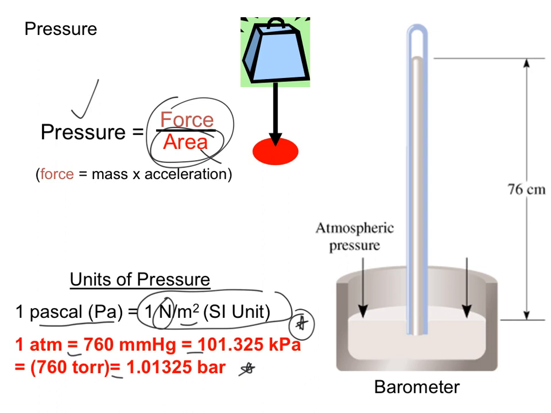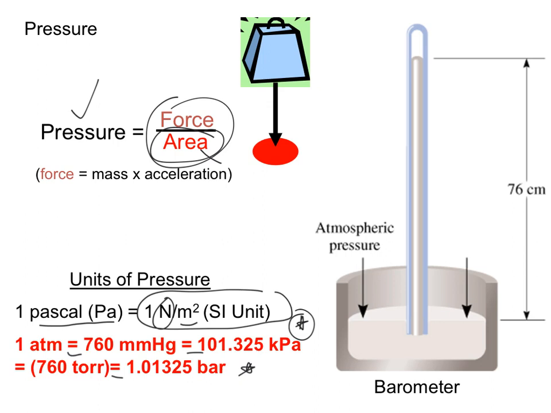On a sort of interesting note, or you may not think so, but I do: the unit of millimeters of mercury is actually related to the height of a mercury column. What we establish as 1 atmosphere, the pressure exerted by the atmosphere above us, is measured via a piece of equipment called a barometer.